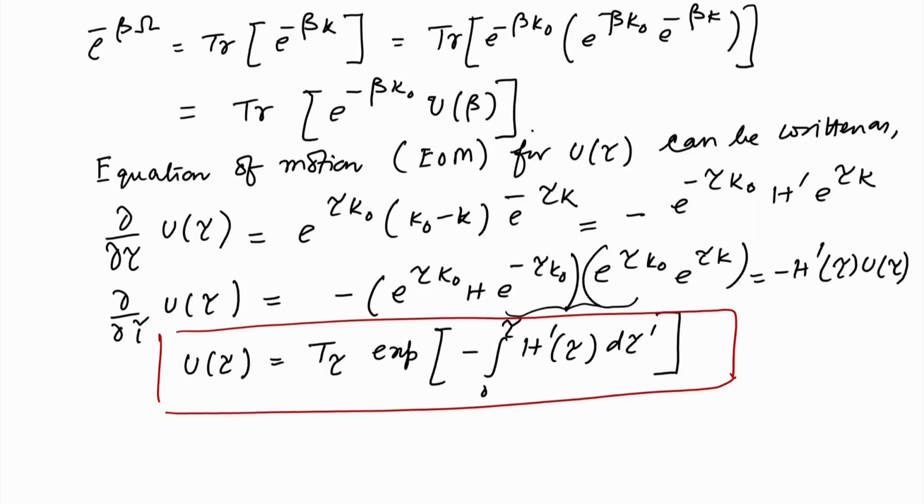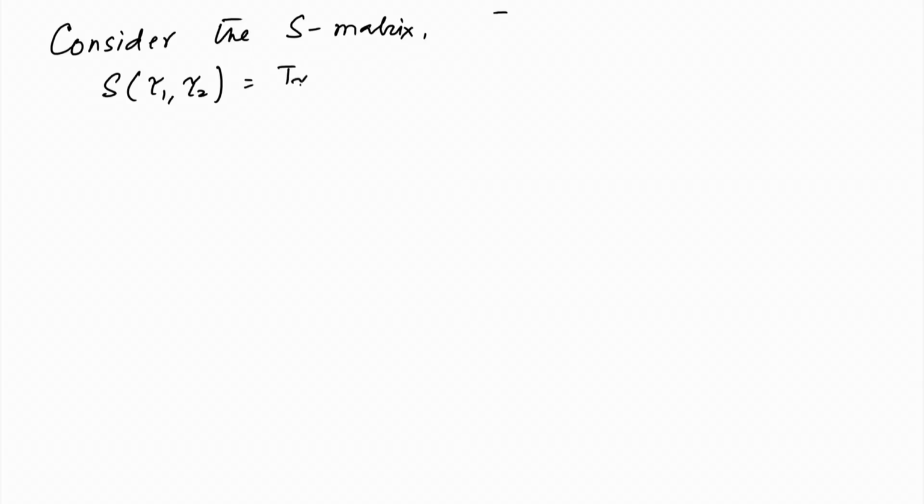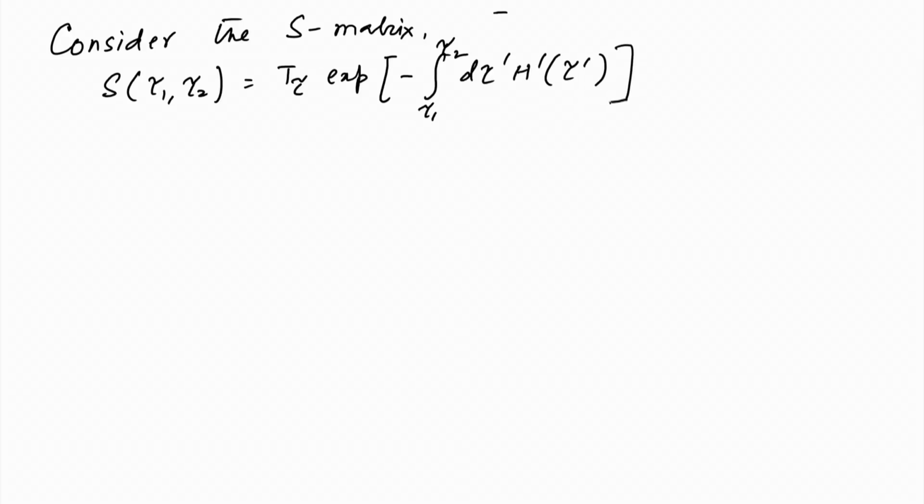Similarly, we can write it for the S matrix: S of tau 1, tau 2 equals T_tau exponential minus integral from tau 2 to tau 1 d tau prime H prime of tau prime, and that is the definition of the S matrix.